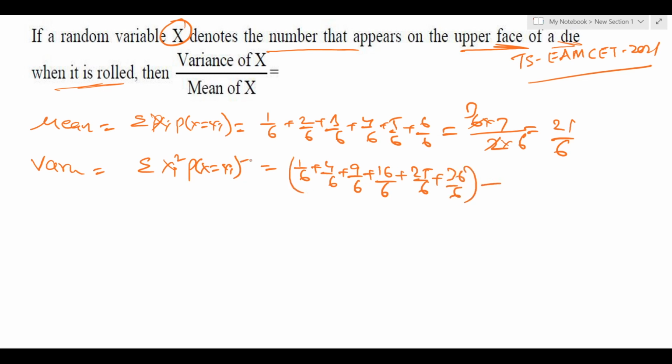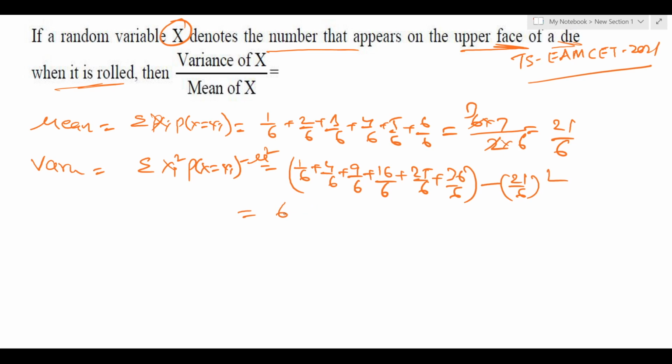So this is minus mu square. Mu square is 21 by 6 whole square. That is equal to 1 plus 4 plus 9 plus 16 plus 25 plus 36, that is 1 square plus 2 square plus 3 square up to 6 square by 6.